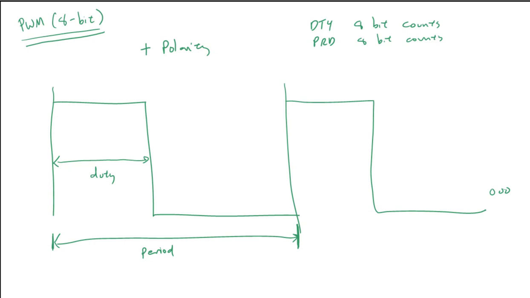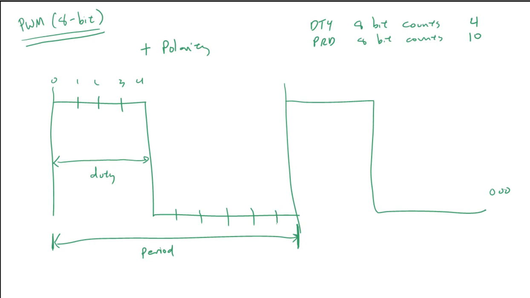So if we make a real basic example of this, say we make the duty 4 and the period 10, the entire waveform is going to be 10 counts, and the duty, so the positive time of the waveform, would be 4 counts. So if we were to sort of divide this up, that would be 0, 1, 2, 3, 4, and then we'd continue on 5, 6, 7, 8, 9, 10.